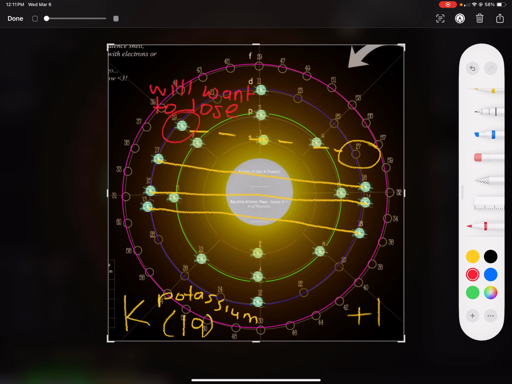Once it loses this one, it's going to have fewer electrons. It's going to have only 18 electrons compared to 19 protons in the middle. Remember, it was 19 in the middle. So that was 19 protons.